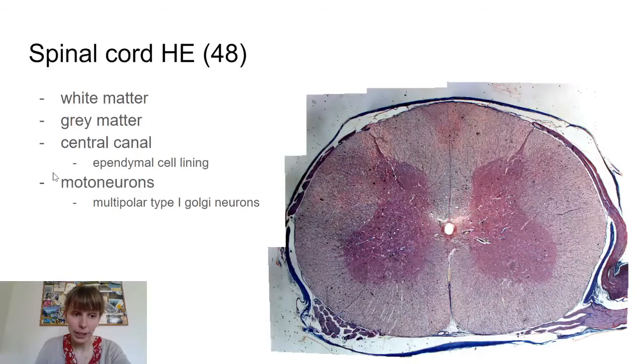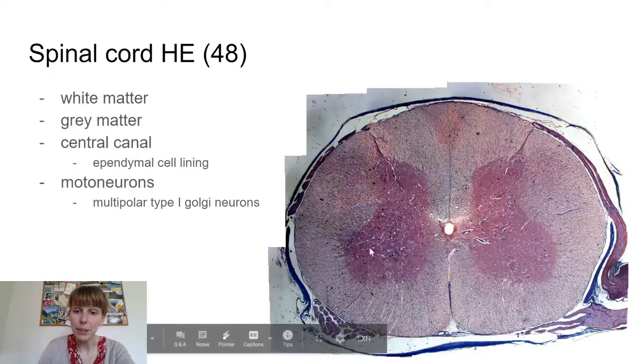And we will be looking at the differences between white and gray matter. We will take a look at the central canal, and we will try to find the motoneurons. So in cortex we saw pyramidal cells, in cerebellum we saw Purkinje cells, and in spinal cord we will have big multipolar type 1 Golgi neurons, and they will be called motoneurons because they are the cells that are really in control of your muscles, and they will be in the gray matter in this area.